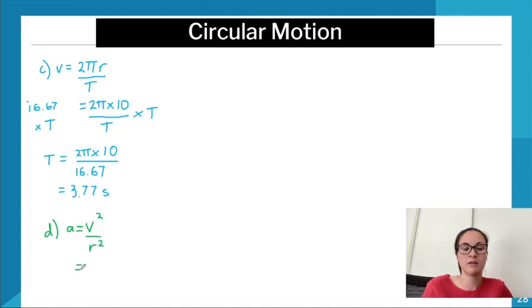Yep, so it's going to be in brackets 16.67 multiplied by 2, squared, over the radius squared, which is just 10 times 10, which is just going to be 100.